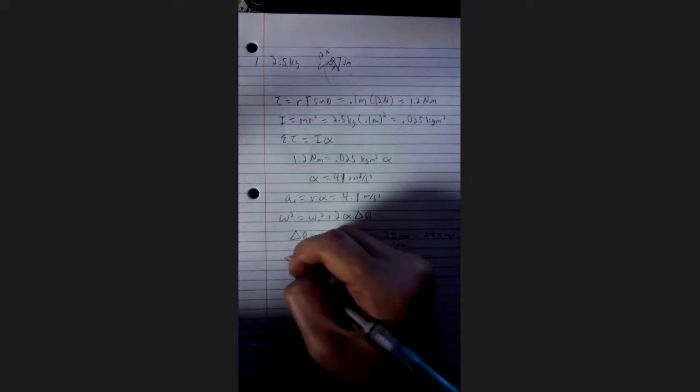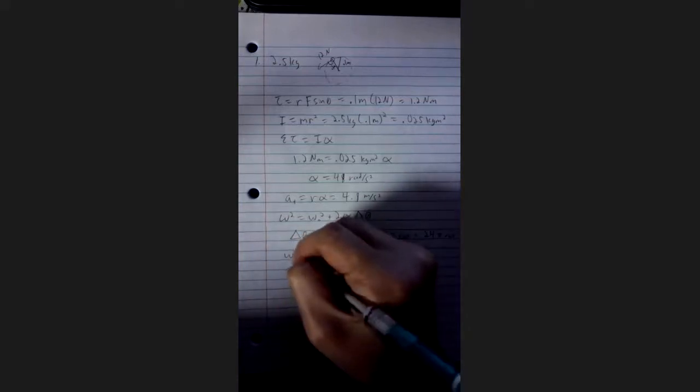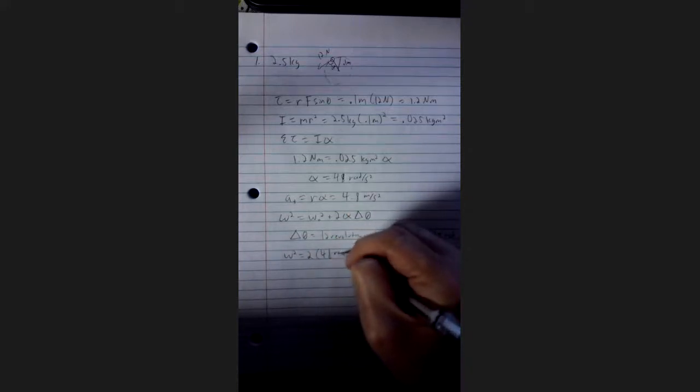And we start from rest. So our angular velocity squared is twice our angular acceleration, which we said was 48 radians per second squared, times our angular displacement, which is 24 pi.